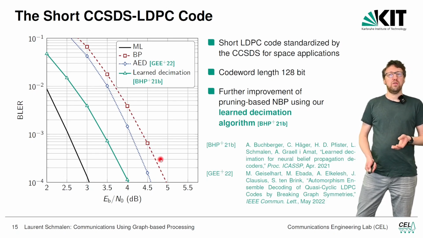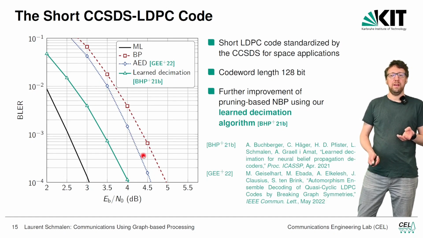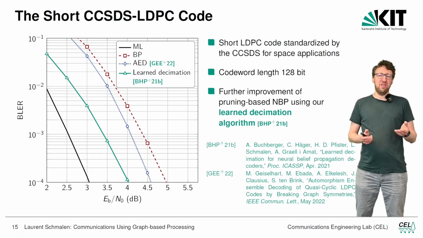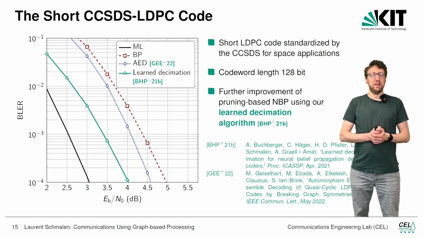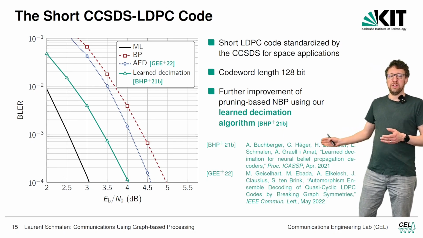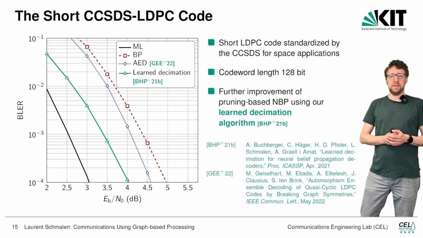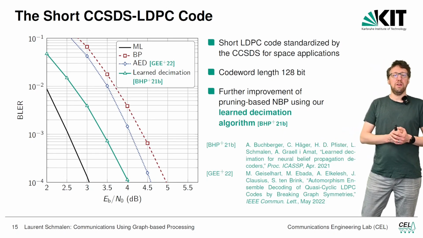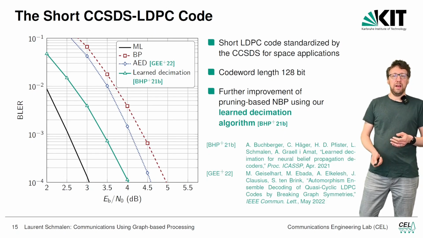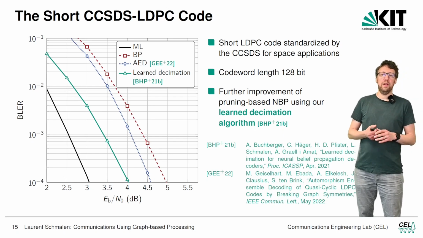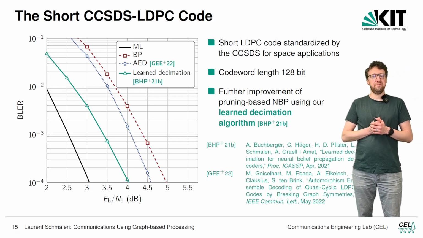There are some approaches to improve this, using, for instance, ensemble decoding. We can improve it a little bit, but not so much. With neural belief propagation also, we don't get a significant improvement. But in our other work, which I will just refer to here, something that we published a couple of years ago at ICASSP, we have a very good performance and we outperform the ensemble decoding based methods, for instance, and we can get to within 1 decibel of the performance of the optimal decoder.